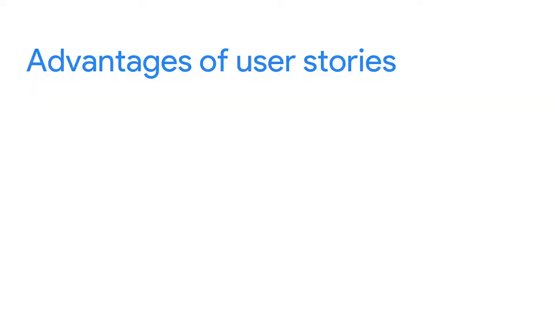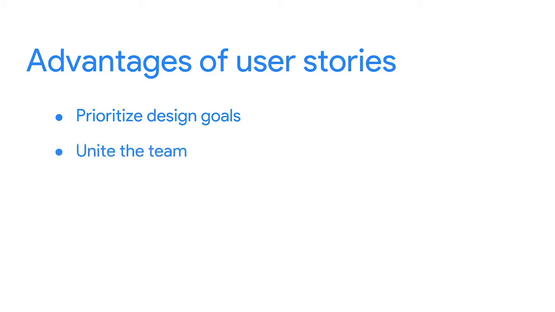The user story expands on the persona and deepens your understanding of a user group. Here are some cool things a user story can do for you. User stories prioritize design goals. If you have a lot of user needs to consider, user stories determine which ones are the most critical to resolve. User stories also unite the team around a clear goal.